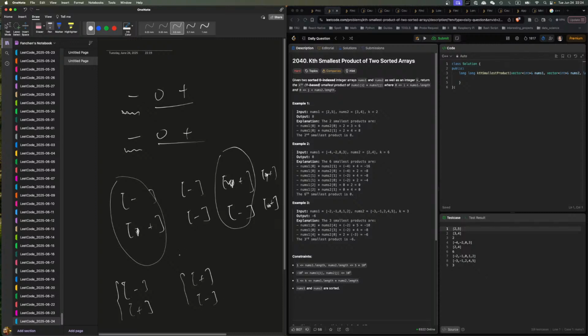Let's say negative x is the kth. I want to find how many are smaller than that. So I need to go through here and through here. We go through both. When we go through both, then we can be sure whether this is good or bad.